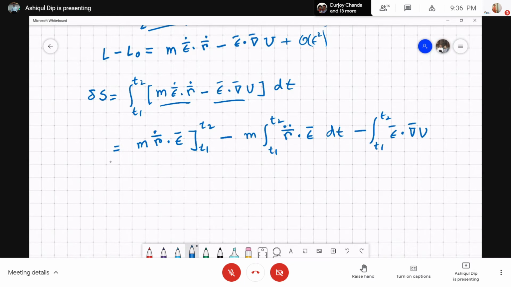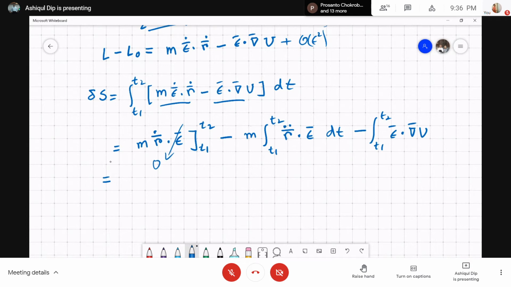So what is epsilon at t1 and what is epsilon at t2? It has to be 0, because otherwise capital R is not equal to small r at the boundary, right? So this term goes away.